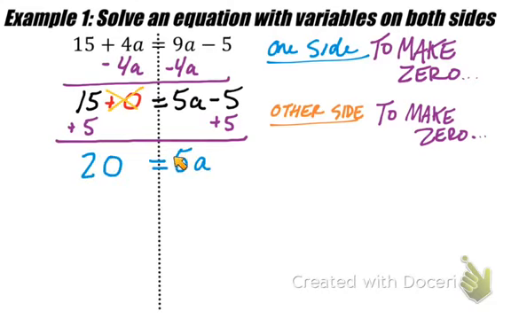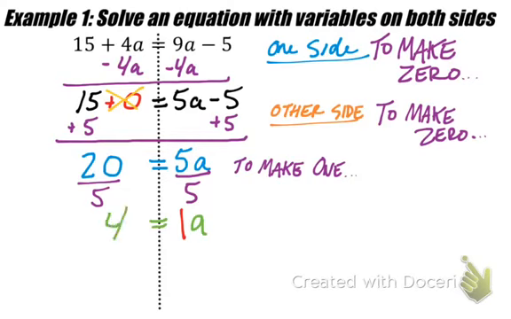Knowing that we have 5a equals 20, we're multiplying the a by 5. Now we have to make this 1. We have to keep the a here, so we make sure that that 5 turns into a 1. In order to do so, we use the inverse operation of multiplication. So we're going to divide both sides by 5. We're left with 1a equals 4. And again, we don't write down the 1 anymore. We don't have to. A is equal to 4.